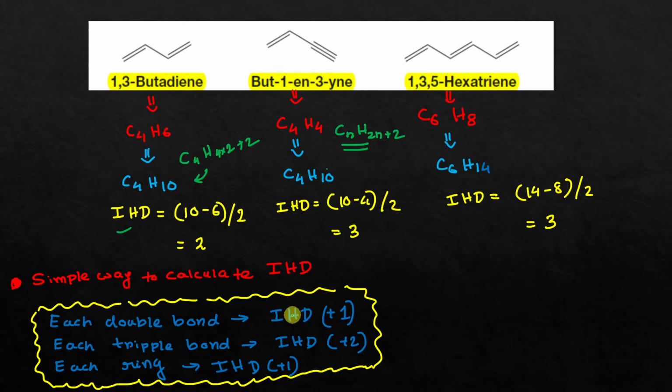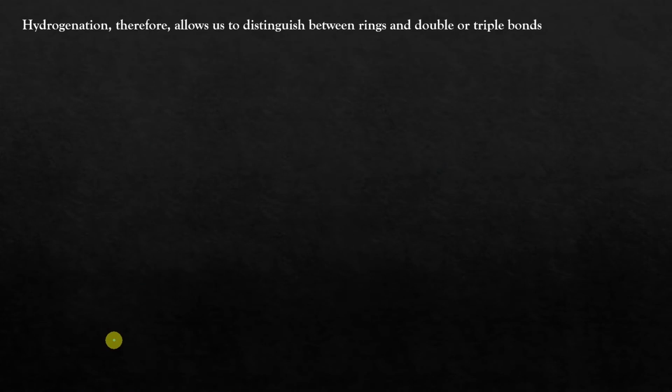So if there is one double bond, the IHD of that compound is 1. Similarly, if there is any triple bond in the compound, it will increase the IHD of the compound by 2. And if there is any ring in the compound, then it will increase the IHD of that compound by 1. So let's see how we can use this simple way to calculate the IHD.